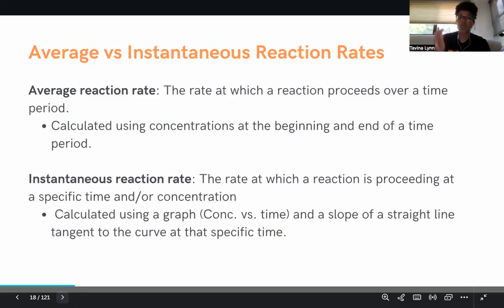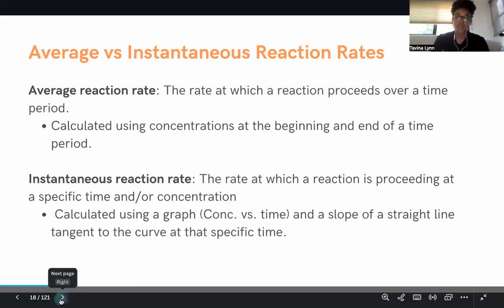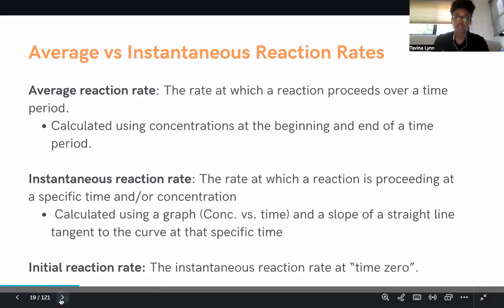We would actually graph concentration versus time, and we can determine the instantaneous reaction rate by finding the slope of the straight line that's tangent to the curve at a specific time. So let's look at a graph so you can see more of what this looks like. And quickly I'll mention the initial reaction rate is the instantaneous reaction rate at time zero.